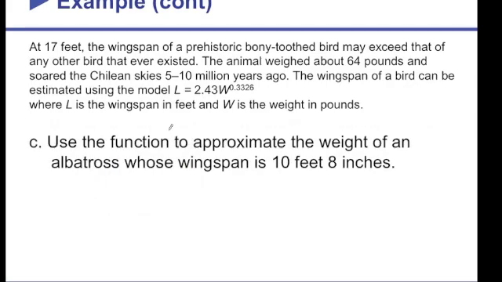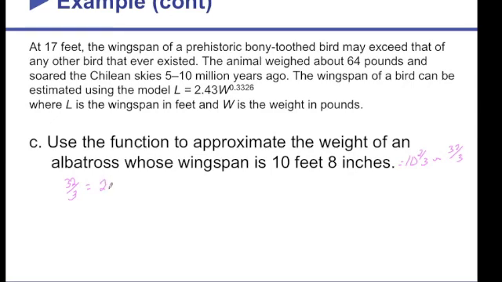Use the function to approximate the weight of the albatross whose wingspan is 10 feet 8 inches. Well, 10 feet 8 inches is 10 2/3 feet, or 32 thirds. So the wingspan is 32 thirds.